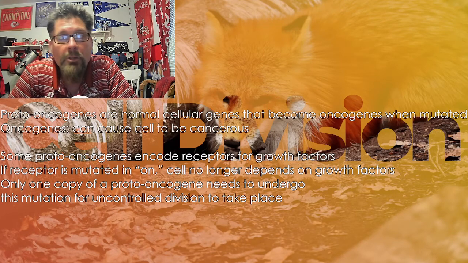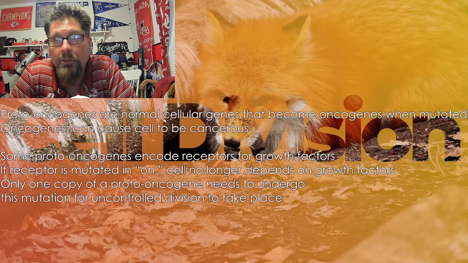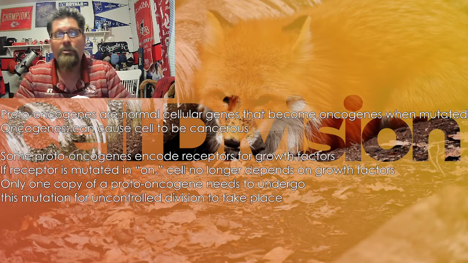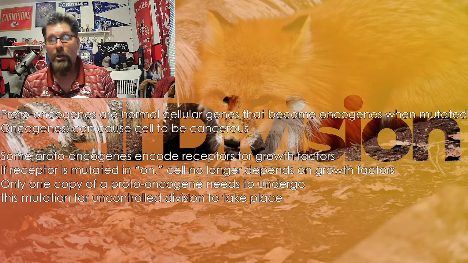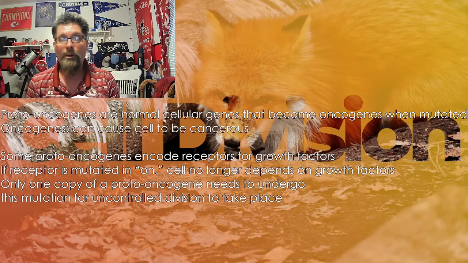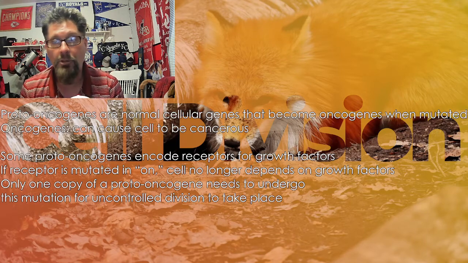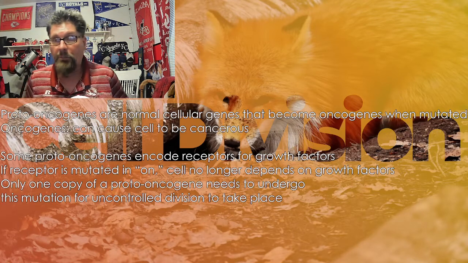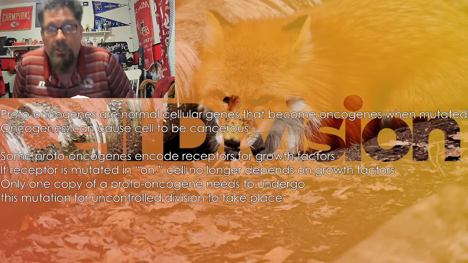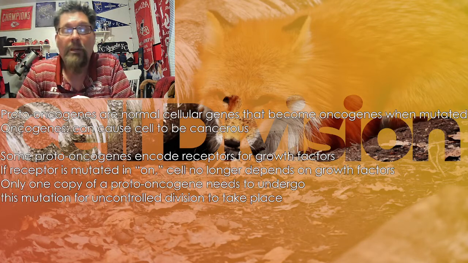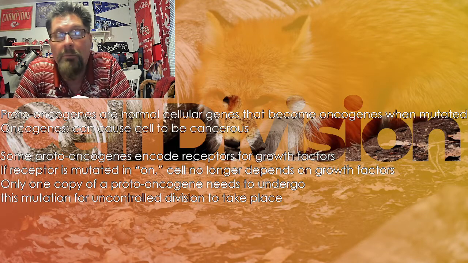And essentially now they're turned to the on position, and so therefore the cell will no longer respond to the growth factors or the checkpoints in place. The cell now just starts to divide through cell division without any checkpoints.